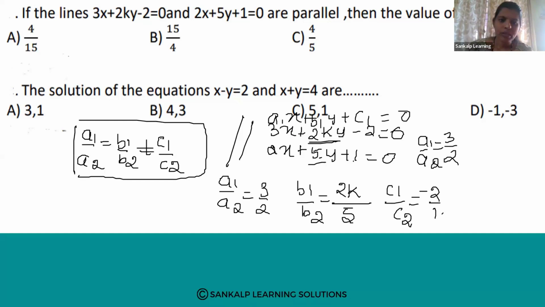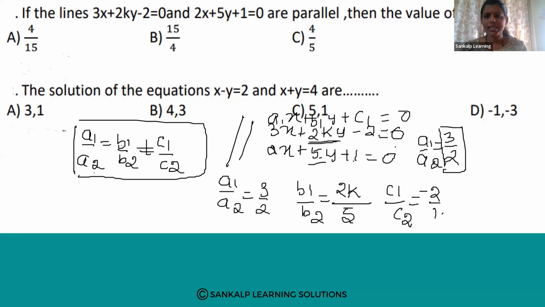Observe, when two lines are parallel, A1 divided by A2 is equal to B1 divided by B2, but it is not equal to C1 divided by C2. C1 divided by C2 is minus 2 divided by 1, leave that. A1 divided by A2 value is 3 by 2.